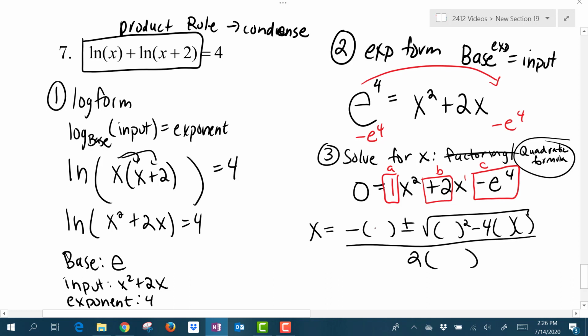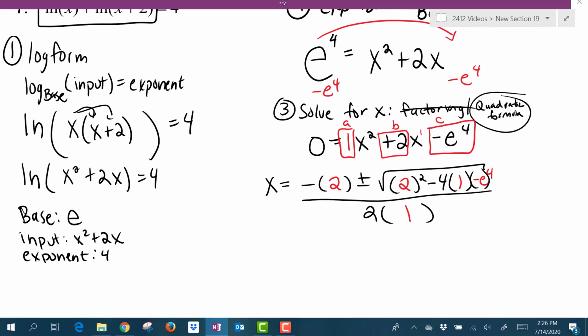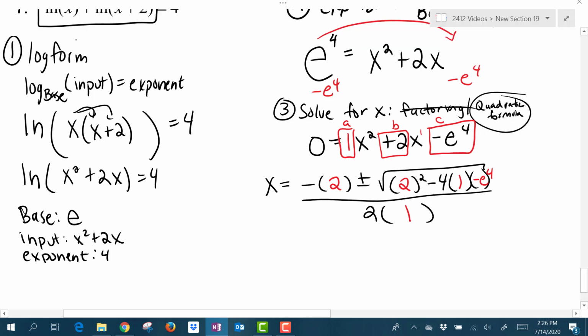So now we have negative b, so that's negative 2, plus or minus the square root of b squared, minus 4 times a, which is 1, times c, which is a negative e to that positive 4 power, all of that divided by 2 times a, which is 1. So remember, we want to keep our answer exact until the very end, and then we'll find an approximation.